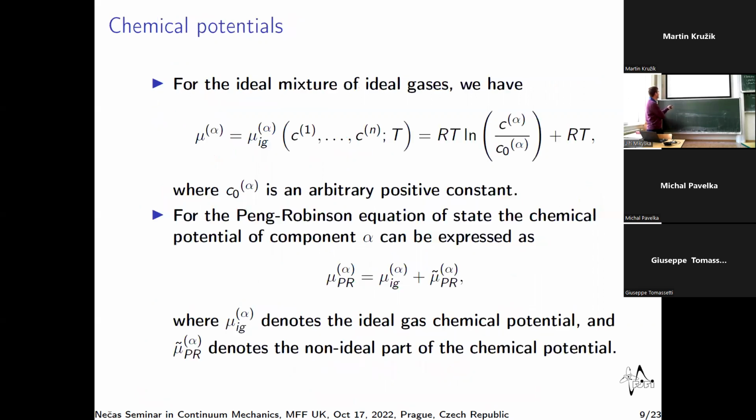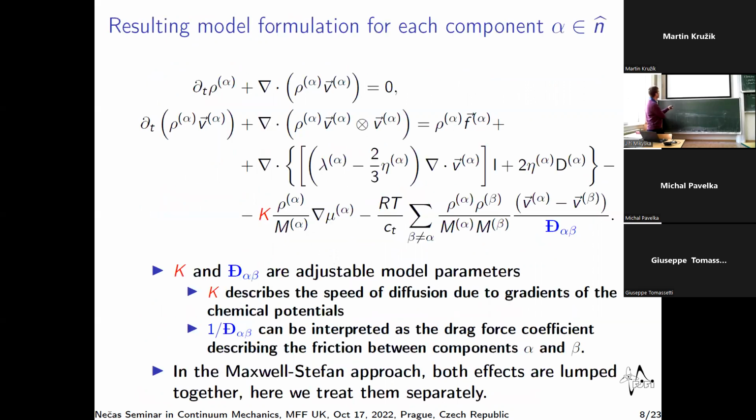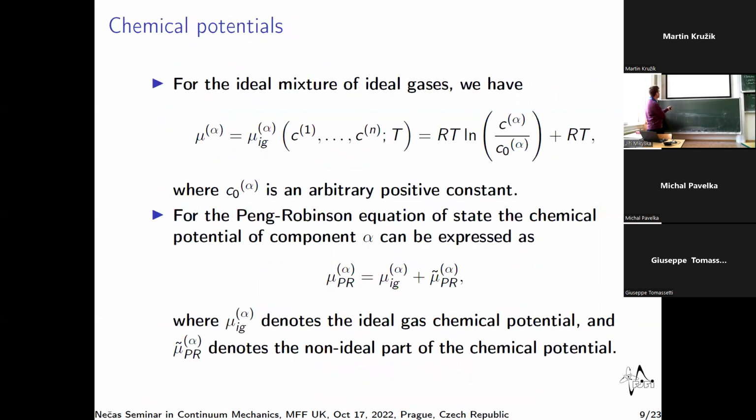So basically, I'm going back here. Now we have this term, the gradient of chemical potential, and the chemical potential is proportional to the logarithm of concentration. So we can take the gradient of the logarithm, so it's 1 over C alpha times the gradient of C alpha.